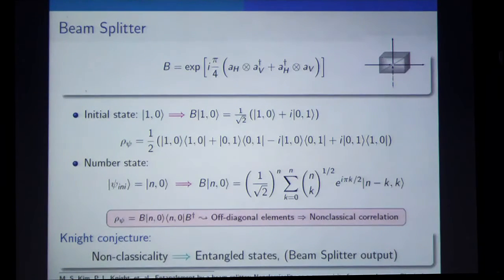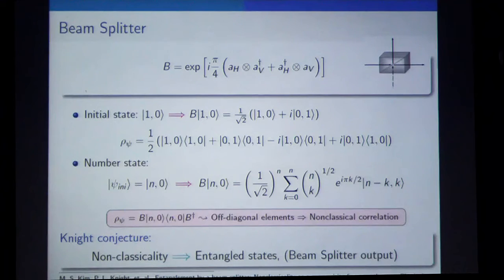More generally, if we choose number states and photons, the output state of this beam splitter is given by this linear combination, and we can show that the density operator has only diagonal elements, and therefore there is no non-classical correlation present in the output state.